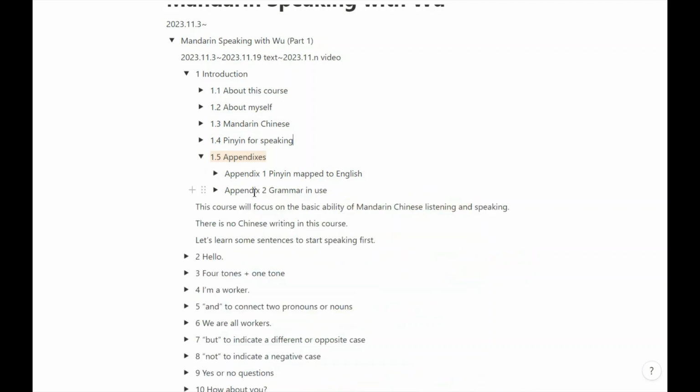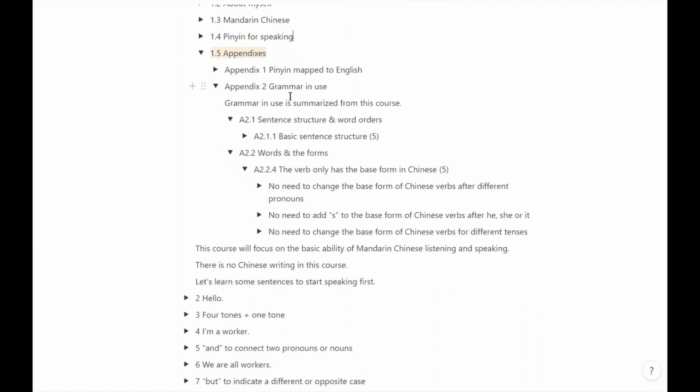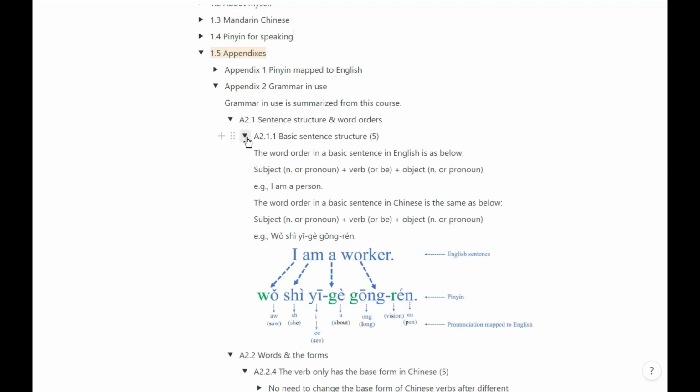Appendix 2 is about grammar in use. So this grammar in use is summarized from this course. For example, Appendix 2.1 is about sentence structure and word orders. And Appendix 2.1.1 is about basic sentence structure.